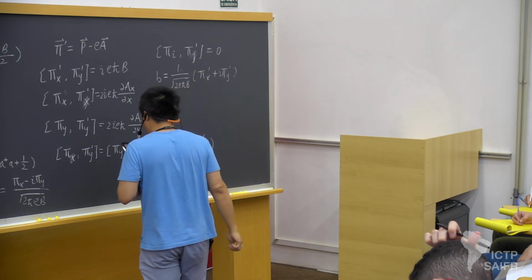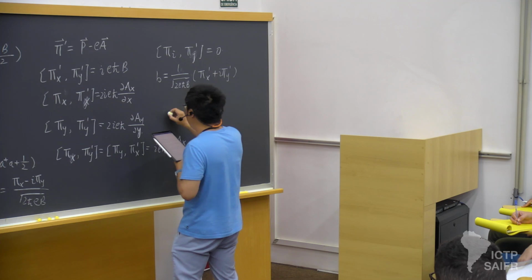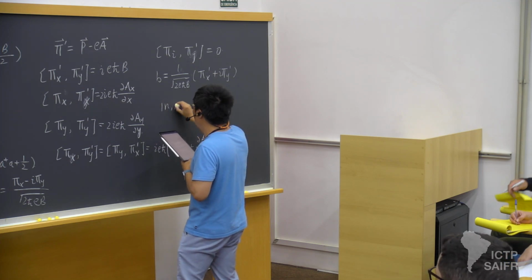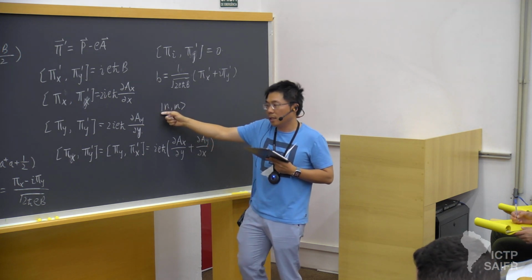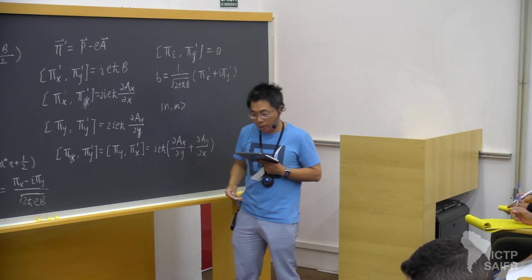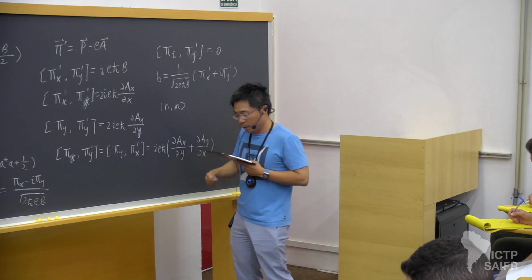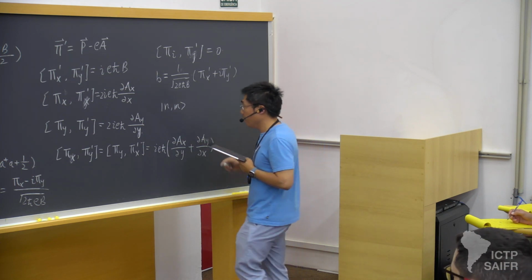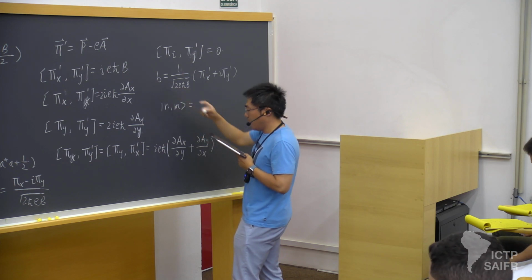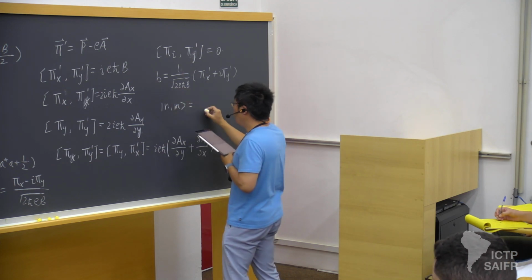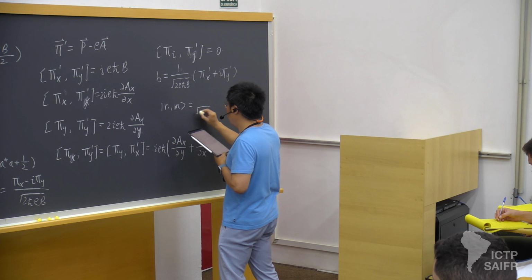So now you can label the states on each Landau level with two labels, right? One is n, which tells you which Landau level you are in, and eventually the energy depends on this n, right? And this m comes from the new operator that I introduced.